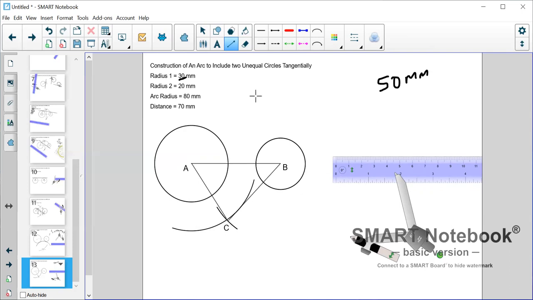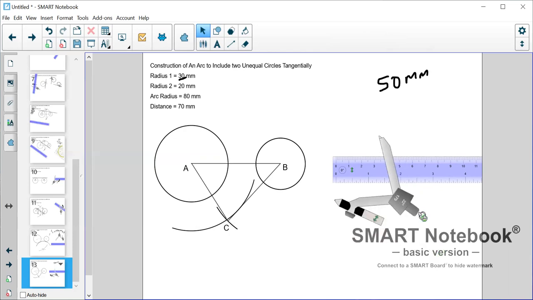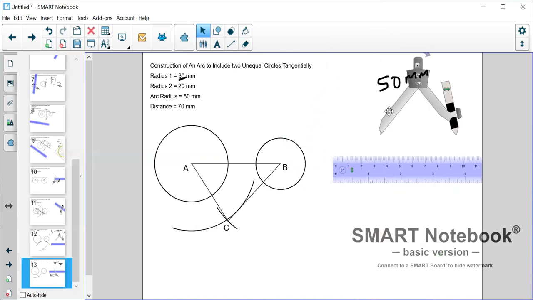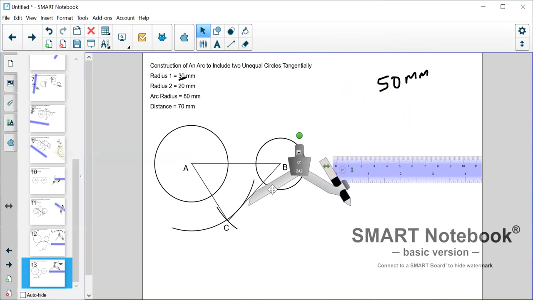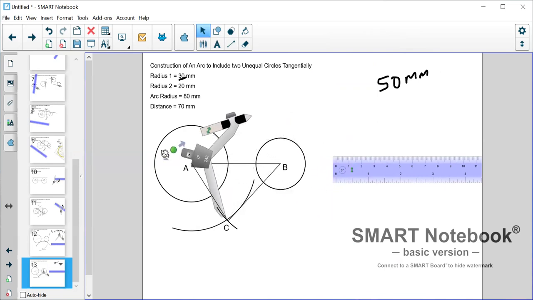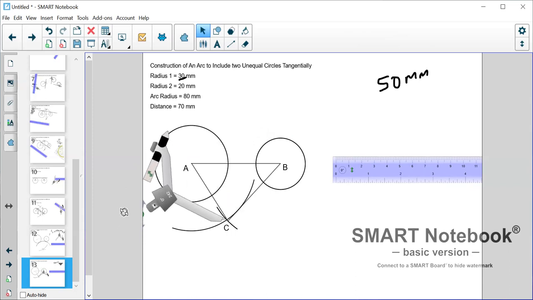All right, now, in order to get the actual arc, we need to use the radius that is given as 80 mm. So we open the pair of compasses now to 80. All right, we open it to 80. We come from C and we draw an arc that's supposed to touch these two circles.